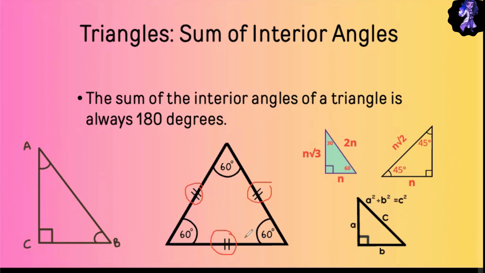So in this case, let's combine all that we know together. We know that this is 60 degrees, 60 degrees, and 60 degrees, which adds up to the total of a triangle's degree measurement, which is always going to be 180 degrees. We know that all angles of an equilateral triangle, which by the way is covered more in depth in the other video, are going to be 60 degrees.